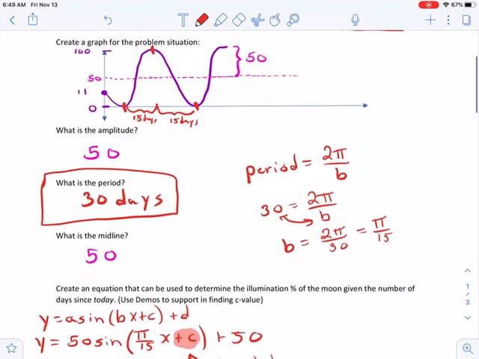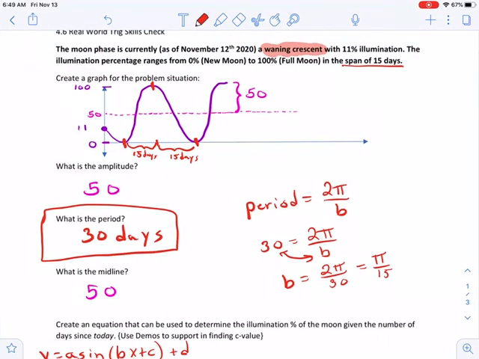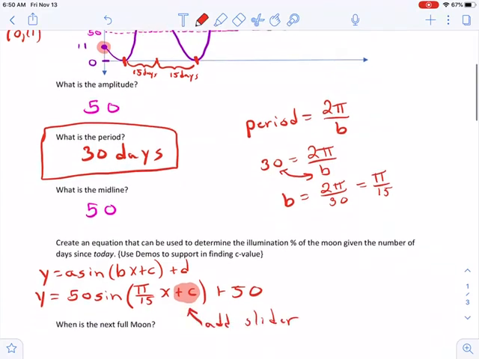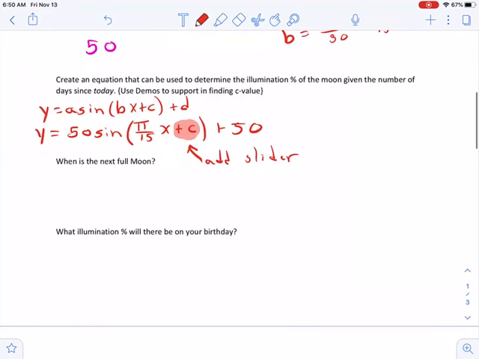And then you're going to slide your graph until we hit this point in particular. So we need your y-intercept to be as close to 0, 11 as possible. And we also need that graph to be decreasing at that point in time. That is going to tell you your C value, and then we'll have a completed equation.